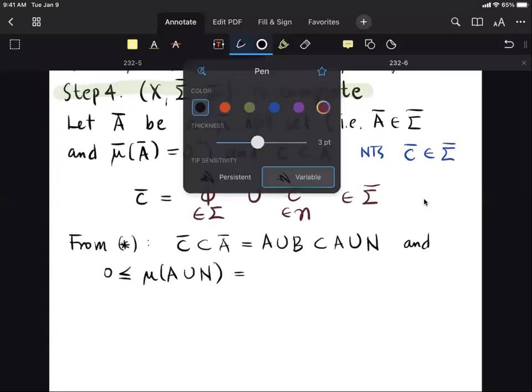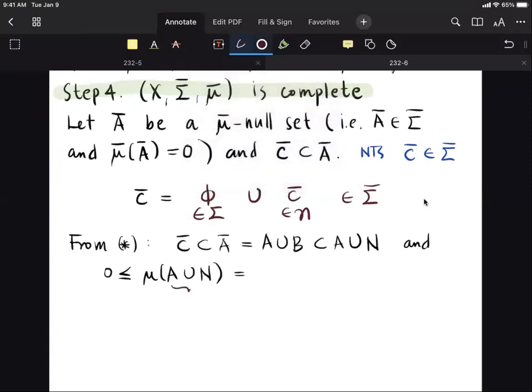This is in sigma, since A and N are in sigma.